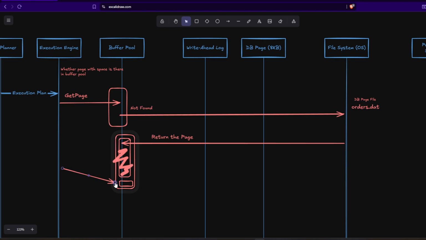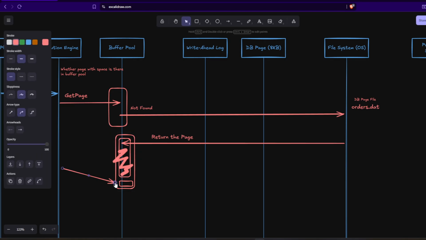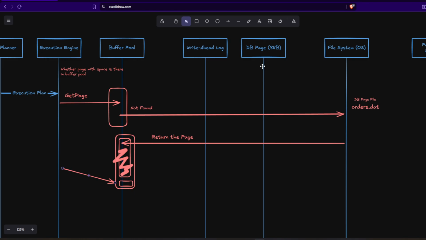And it is going to involve another very interesting thing, that is known as write ahead log, or WAL. At this point in the buffer pool, it fires the actual insert, and this insert of course gets reflected into the actual DB page.